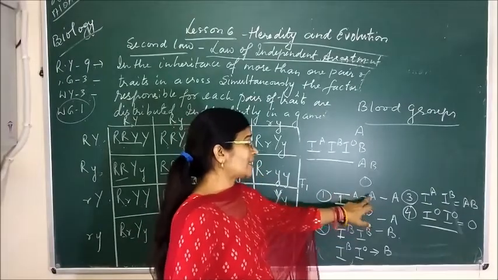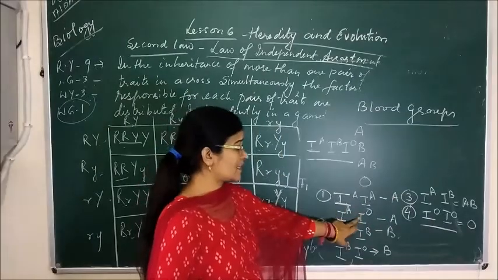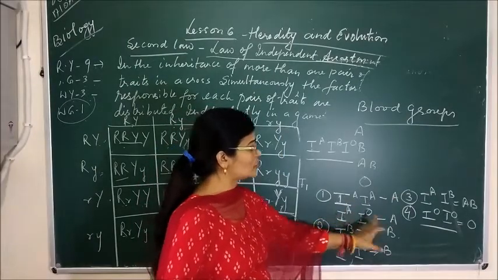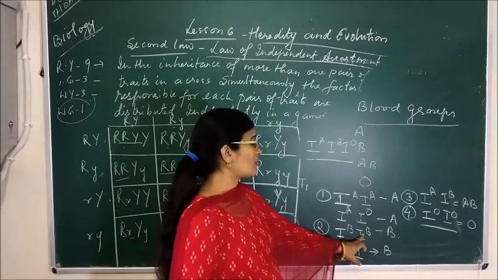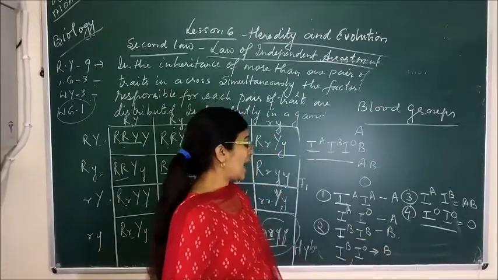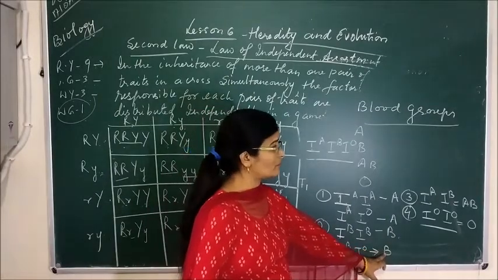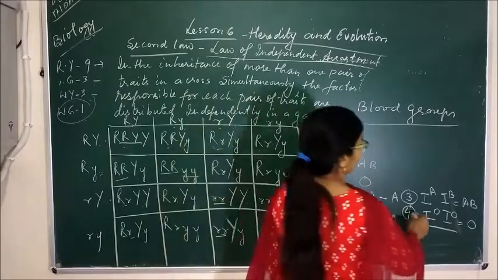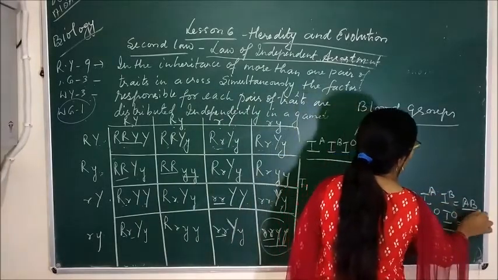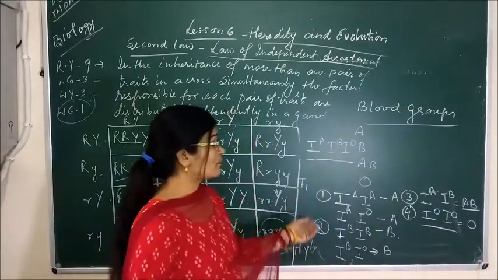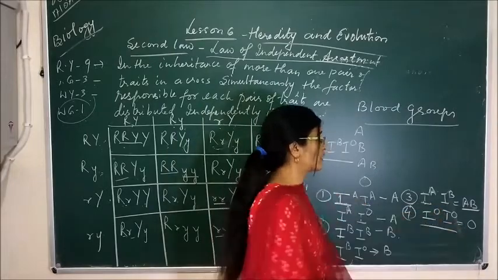If both are IA, our blood group will be A, and if one is IA, dominant, and the other is IO, recessive, then also our blood group will be A. In the second case, both are IB, both dominant, so our blood group will be B. And if one is dominant IB and the other is recessive IO, then also our blood group is B. In the third case, both are dominant, that is IA and IB, so our blood group will be AB. And if both are recessive, that is IO, our blood group will be O.